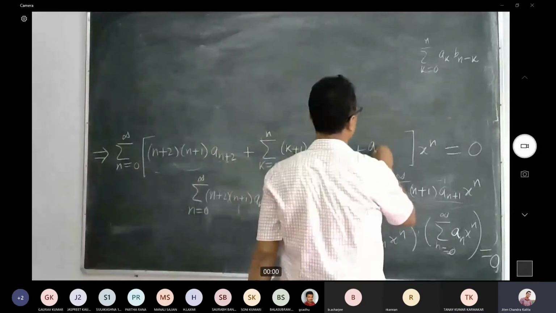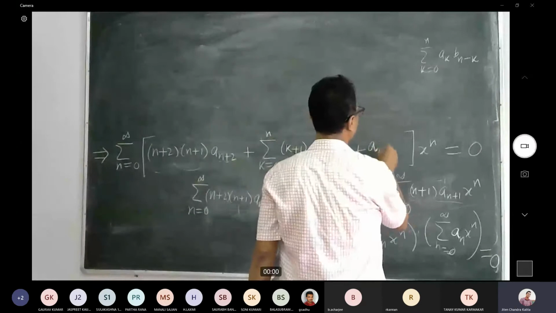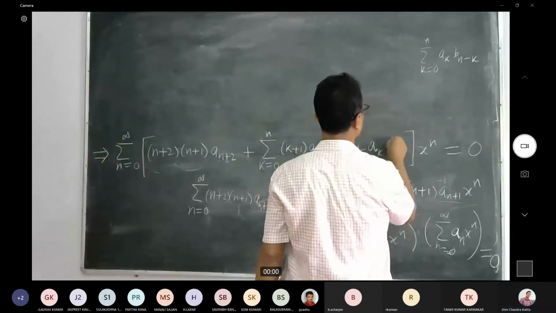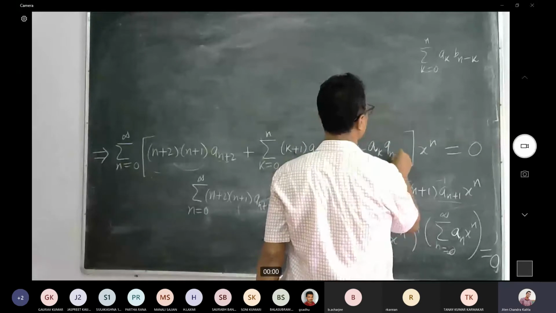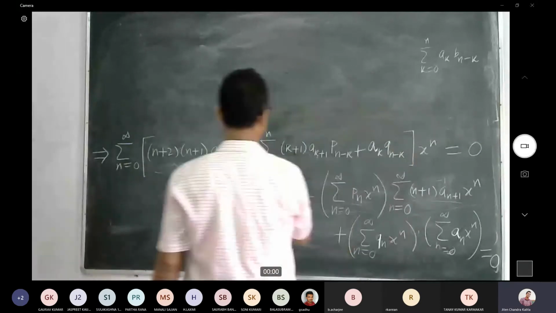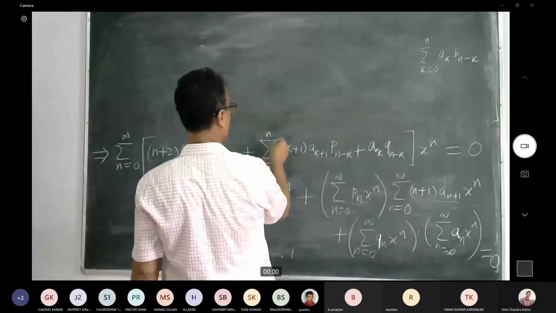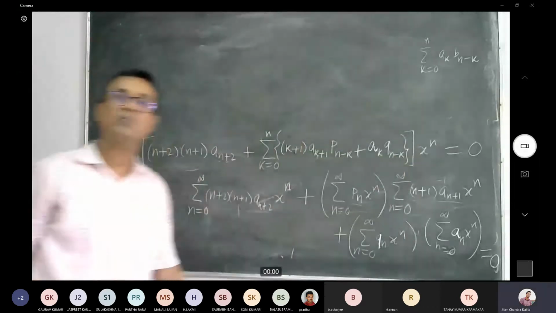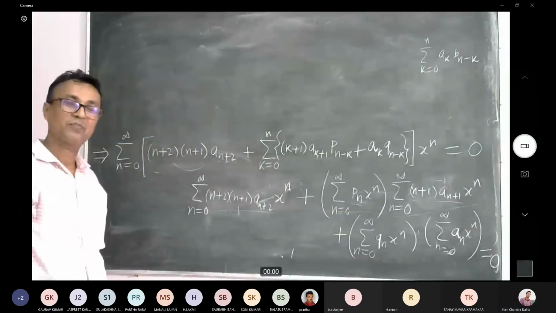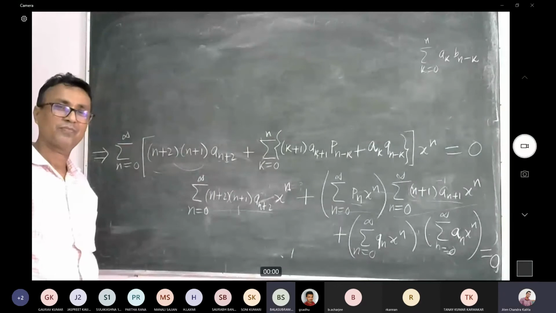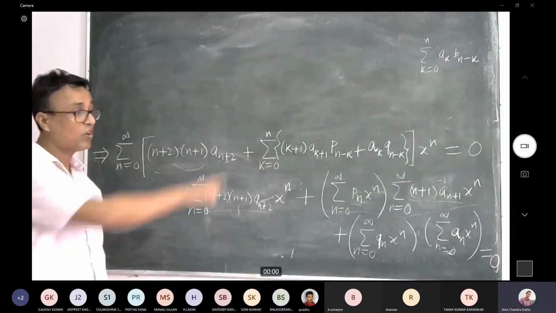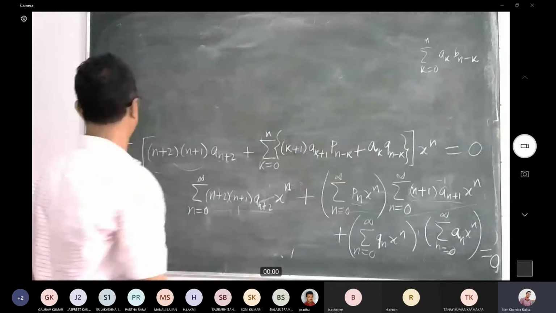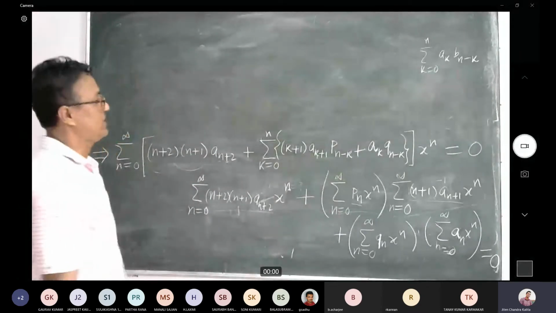So this is a k and q n minus k. Is it okay with everybody? Yes, we have already done multiplication of two series. And of course, n goes from 0 to infinity.